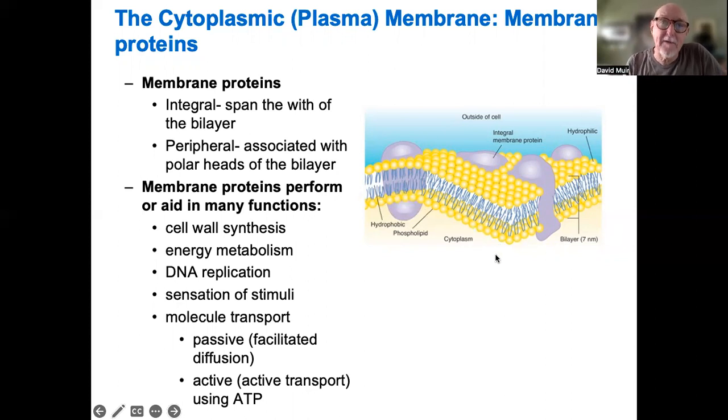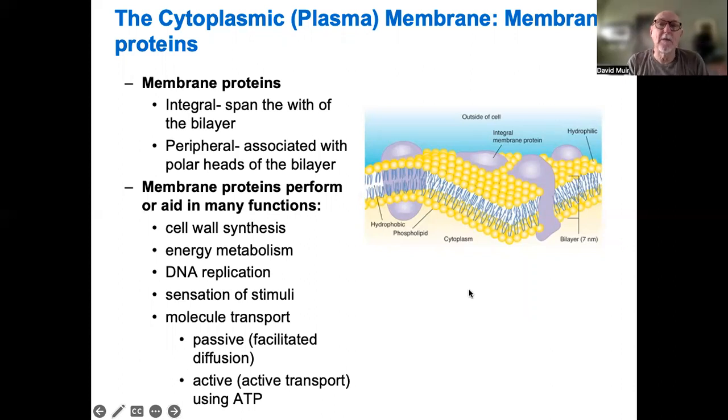But the other thing that happens is that these proteins control the passage of molecules across the membrane, which cannot otherwise easily pass. So many of these proteins are designed as gateways to allow molecules in the correct direction and to allow molecules to enter and accumulate in the cytoplasm, or waste products, etc., or enzymes that need to be released. Those can also pass through protein channels.